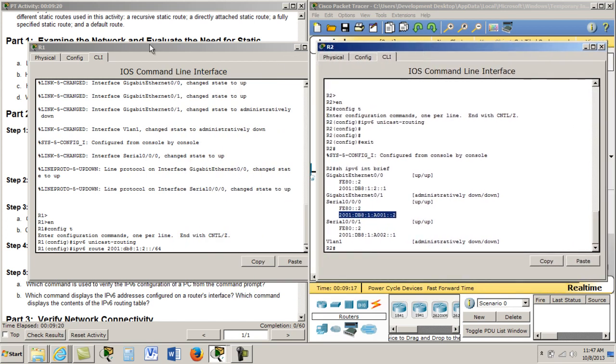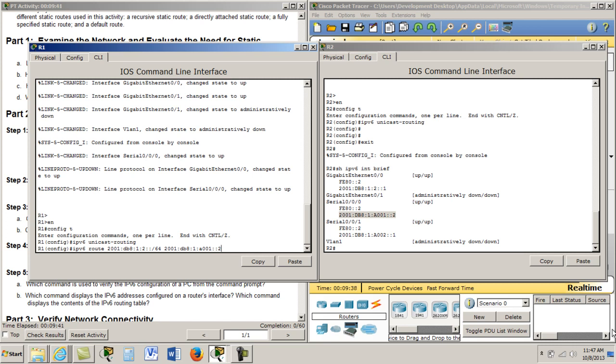So we'll put this to the side where we can see it, and we'll come over and we will say the next hop is 2001:DB8:1:A001::2.